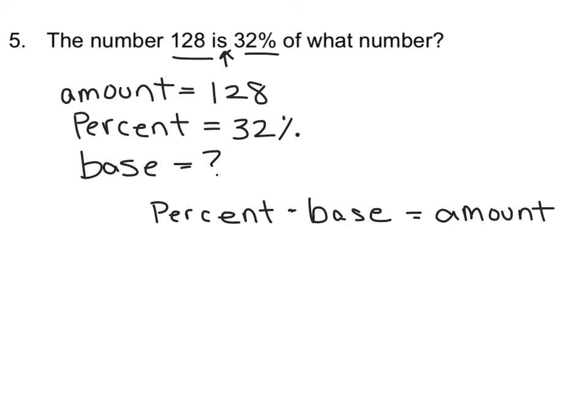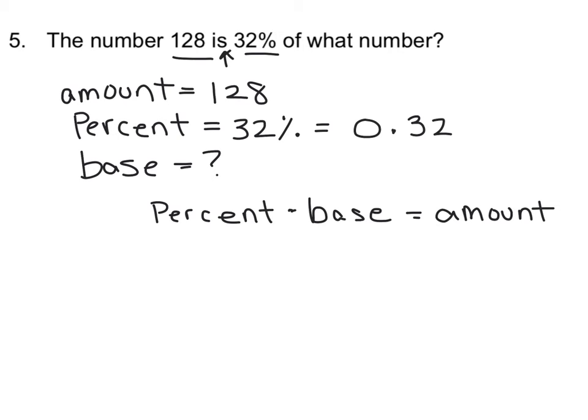Before I do that, you must convert the percent to a decimal. You never put a percentage into a formula. You always convert percentages to decimals first. I have 32%. So if I divide 32 by 100, I'll get a decimal of 0.32.